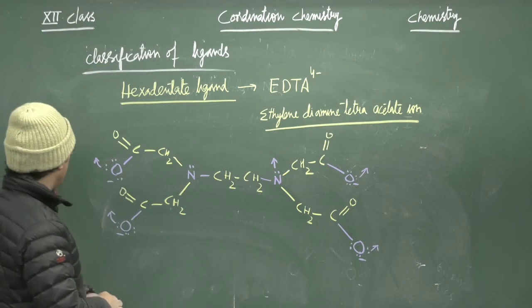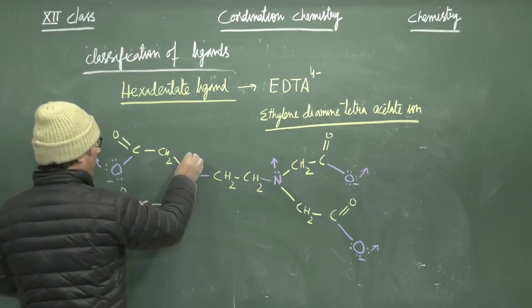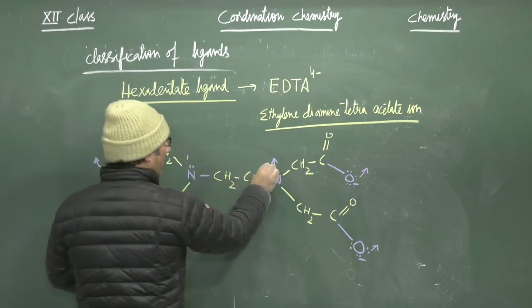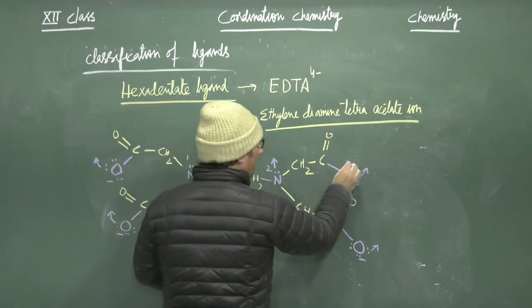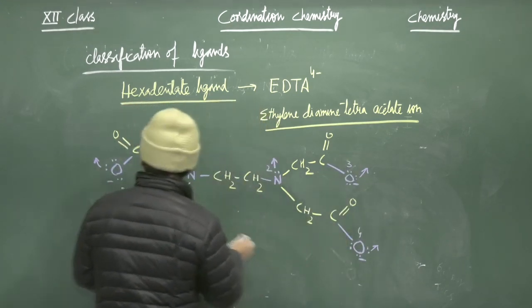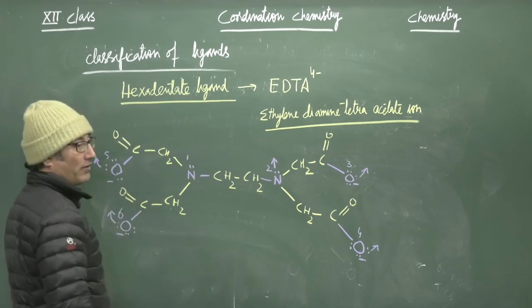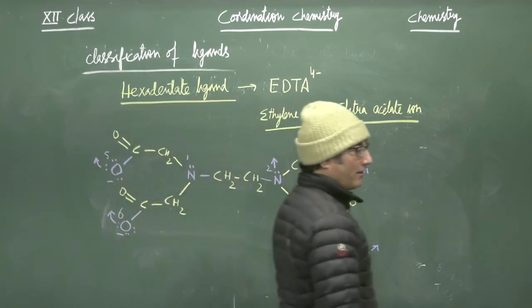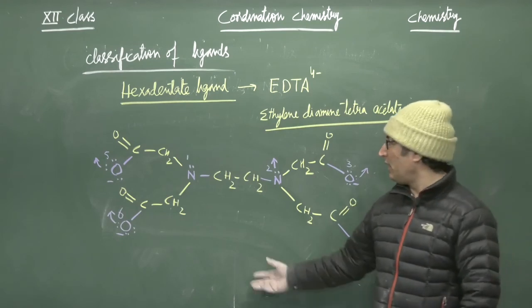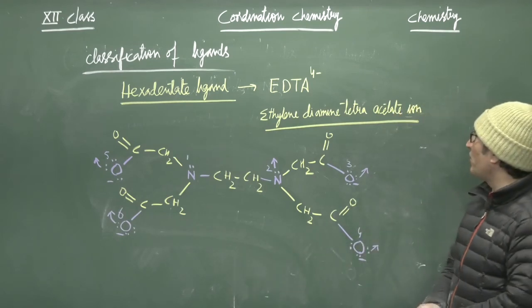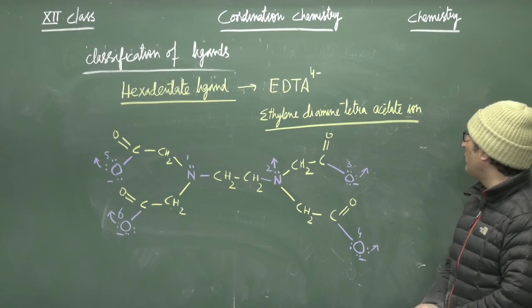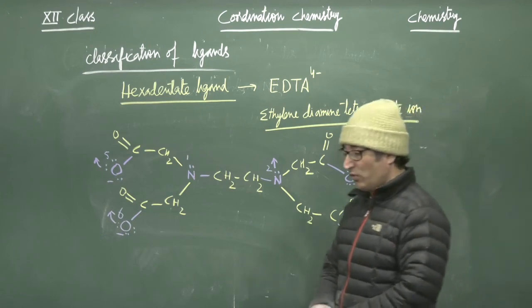Now count the donor atoms. One is this nitrogen, another is nitrogen, third is this oxygen, fourth is this oxygen, fifth is this oxygen, and sixth one is this oxygen. It has six donor sites, so it's a hexadentate ligand. Many a time it has been asked to draw the structure of ethylene diamine tetraacetate ion and show its six donor sites.